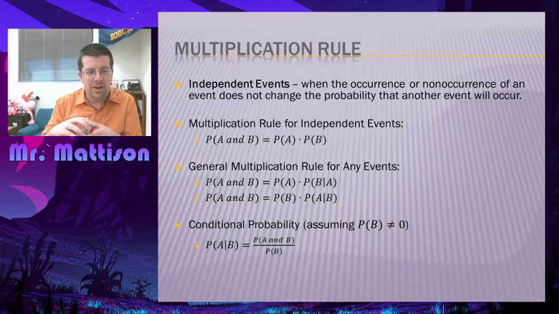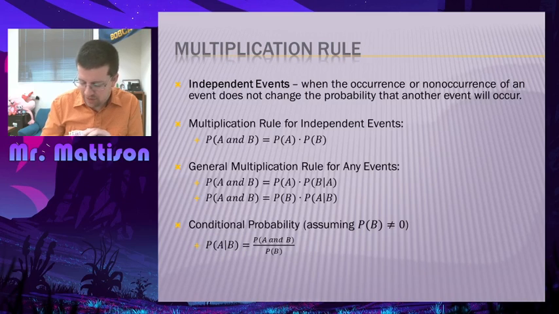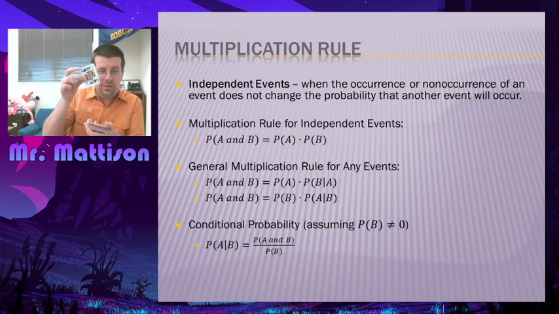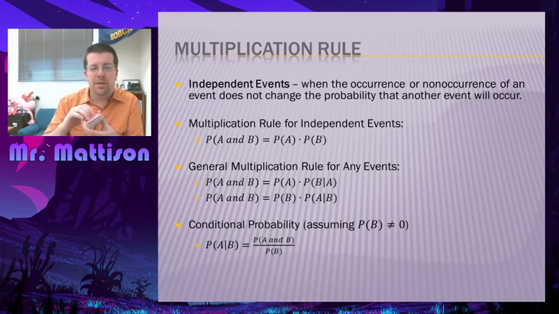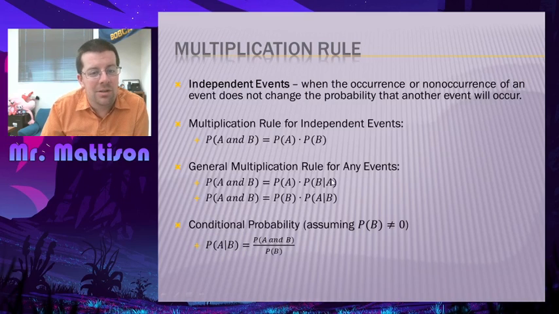Then my probability of drawing a 7, assuming I've already drawn a king, so that's already happened, is now 4 out of 51, because there's 51 cards left and 4 of them are 7s, because one of them has already been taken out, and that's the king. So that's how I could do those kinds of things. That's what that notation means: probability of this happening given this has already happened.